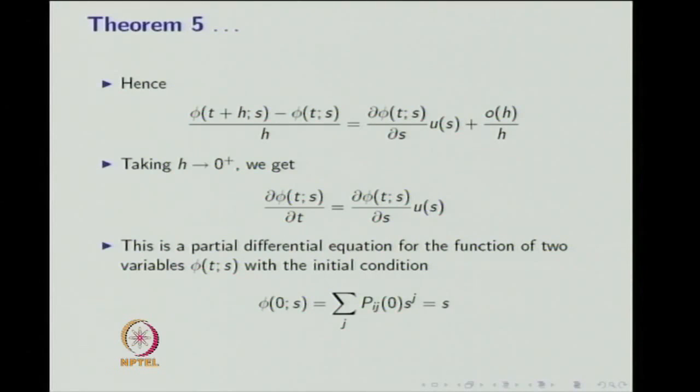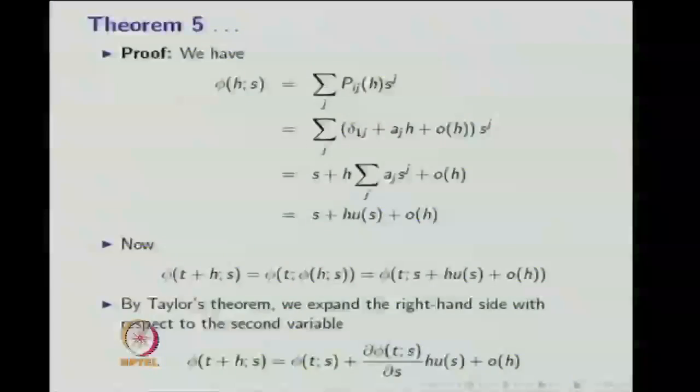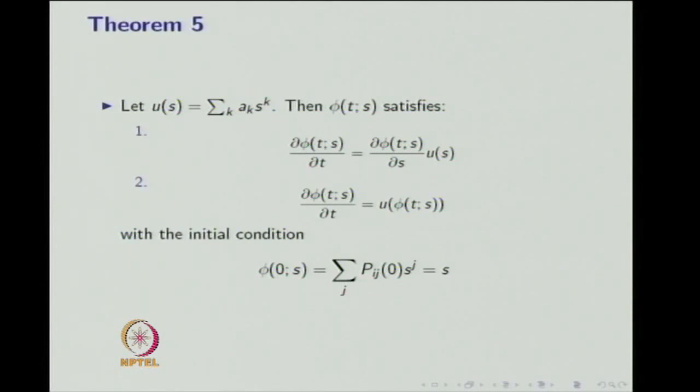Taking h tends to 0 positive, we get the partial differential equation: dou psi divided by dou t is equal to dou psi by dou s times u(s). This is a partial differential equation for the function of two variables psi(t, s) with the initial condition psi(0, s) is s. So we have proved the first part of Theorem 5.